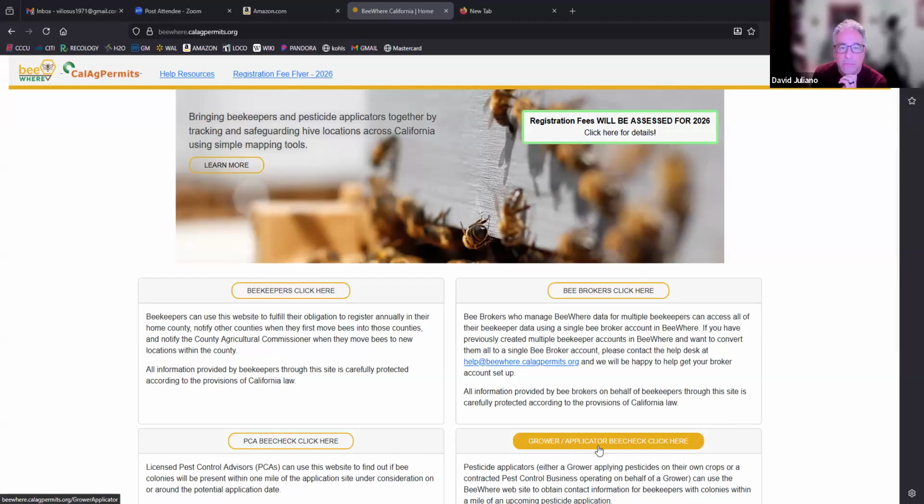So one of the other things, in addition to monitoring for pest and disease in areas, is that if there's going to be any type of commercial pesticide application, they need to check with the website first to make sure that there are no sensitive bees in the immediate area.